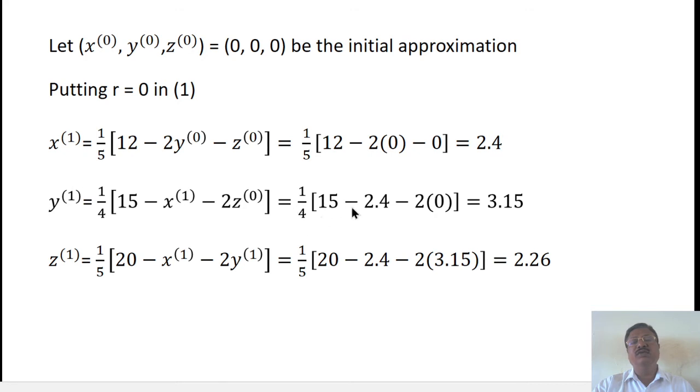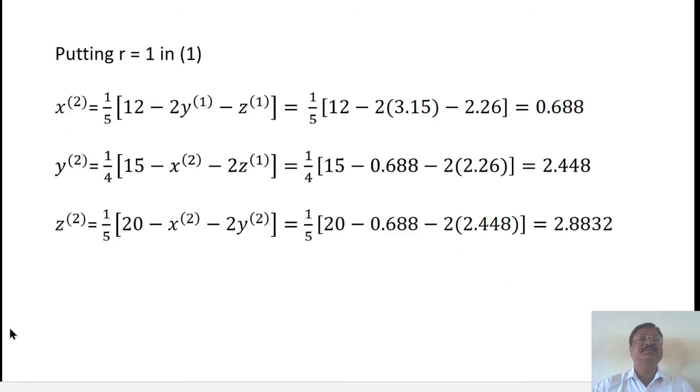So 1 upon 4, 15 minus 2.4 minus 2 into 0. That will give you 3.15 after simplification. Similarly, z raised to 1 is 1 upon 5, 20 minus the recent values of x and y, which are 2.4 minus 2 into 3.15, which will give you 2.26 after simplification.